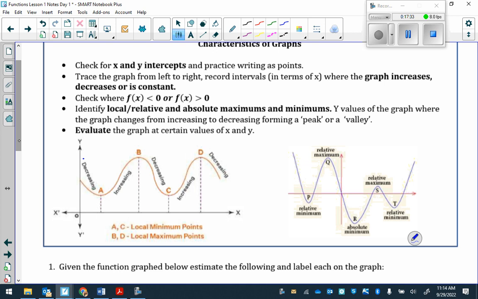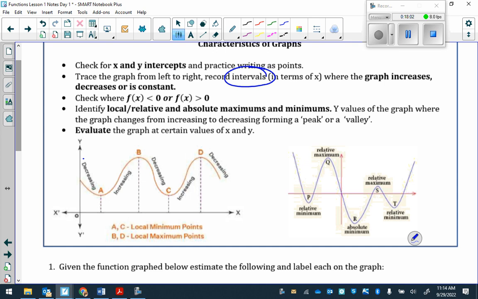All right, so a few things that we're adding to characteristics besides domain, range, and intervals of continuity. We're going to look at the x and y intercepts, which we have seen. Then we're looking at intervals. Anytime we see that word, intervals, we're using parentheses. Intervals of continuity, intervals of increase, decrease, or constant.